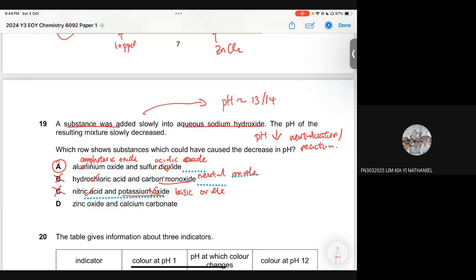So C cannot be the answer as well. Next one, zinc oxide is amphoteric, so actually this is good. It will react with my sodium hydroxide to make the pH decrease. So zinc oxide can. But calcium carbonate, you realize alkali doesn't react with carbonate. So D cannot be the answer. The answer will be A in this case for question 19.